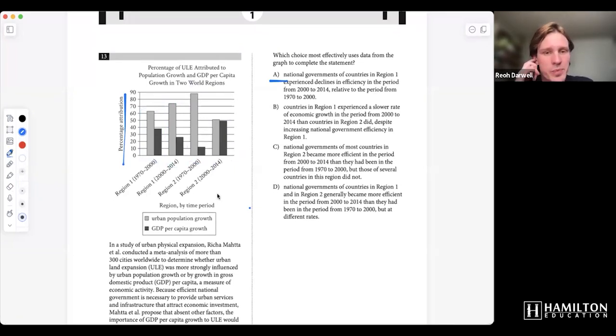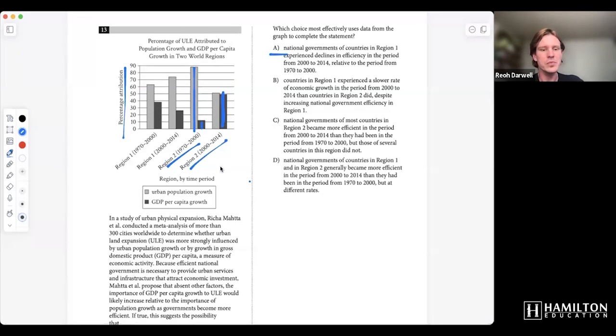So the percentage of ULE, again, meaning land expansion, so how big a city is. And region 2, at one point, was primarily caused by the one on the left, which is how much the population was growing. But then from 2000 to 2014, it really switched to being even, right?